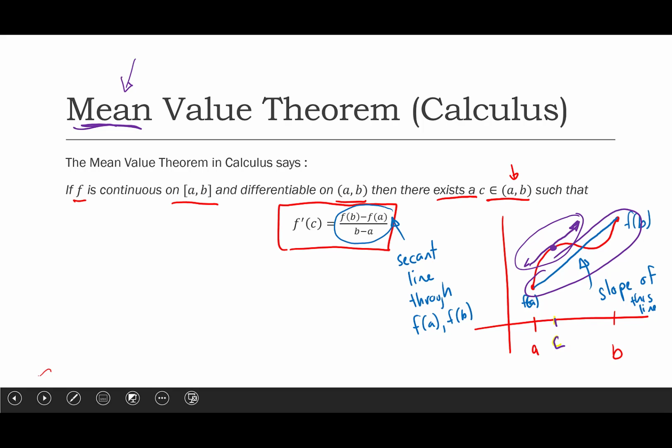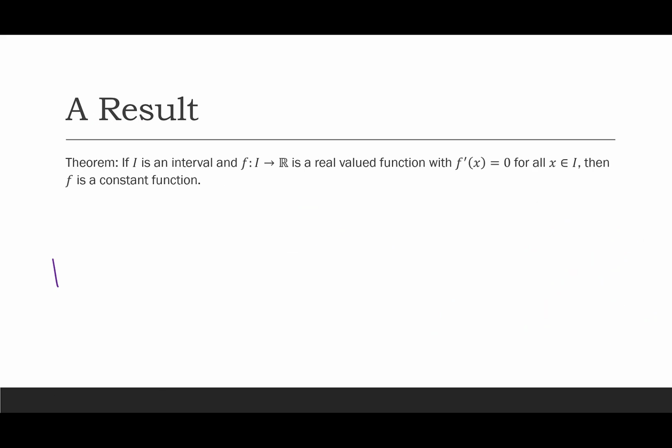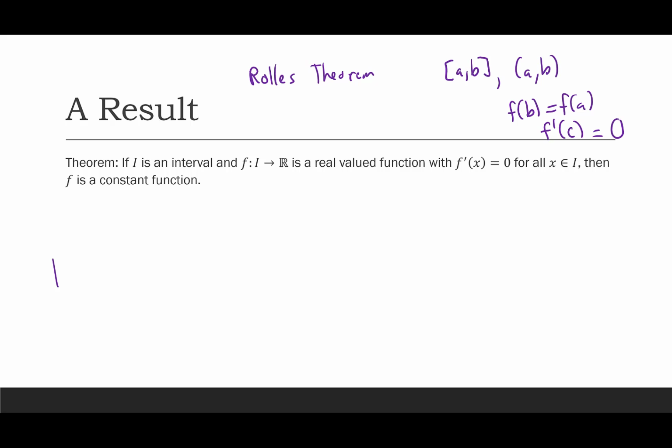Now from the mean value theorem you get a lot of cool things. First of all, you get Rolle's theorem, which says that if you have a function that's continuous on [a, b], differentiable on (a, b), and if you know that f of b equals f of a, then there's some point c where the derivative vanishes, or the derivative is 0.